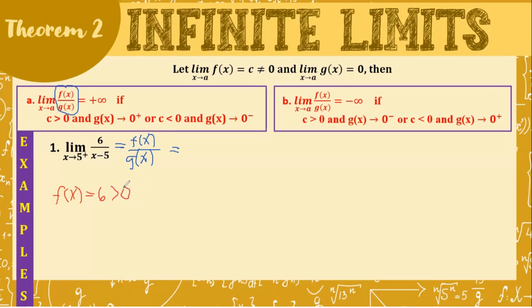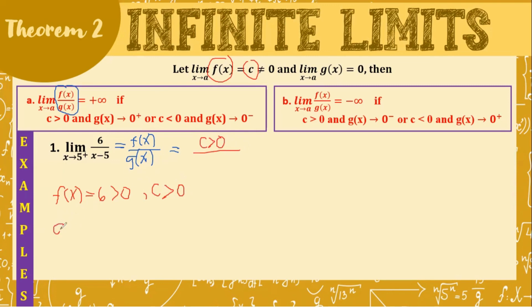Okay. Now, let's go back. We denote f of x as c, right? So meaning, the 6, or the f of x here, which is equal to 6, will be denoted as c. So the c here is greater than 0. Very good. Okay, we will also get g of x.